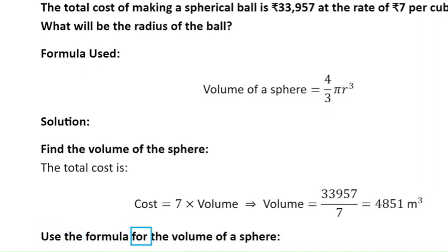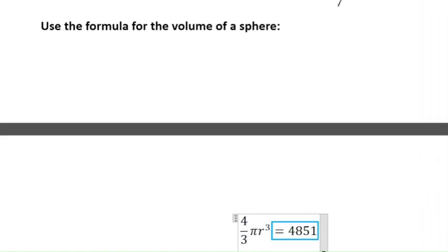Use the formula for the volume of a sphere. 4/3 pi r cubed equals 4851.